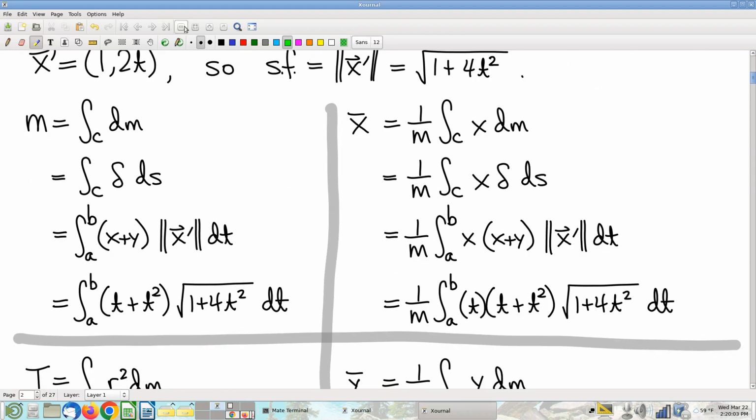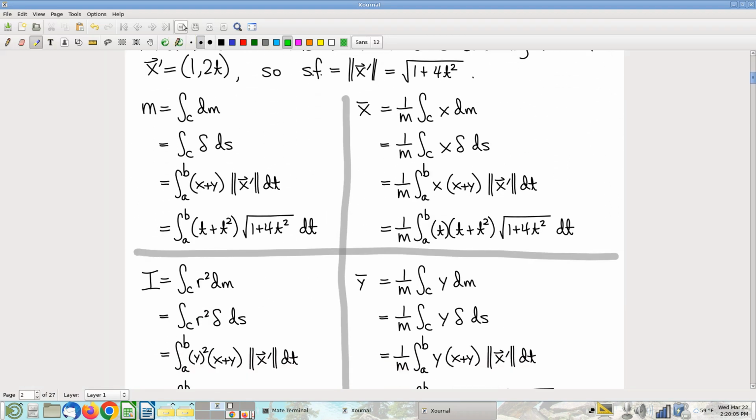Let's see here, scrolling down. And let me zoom out so I can fit all this on at the same time. So when I look at this line integral here, for example, and I want to rewrite ds, well, ds is equal to stretching factor, speed, times dt. And here it is. Stretching factor, aka speed, is this.